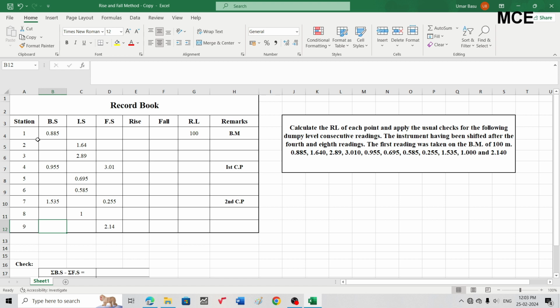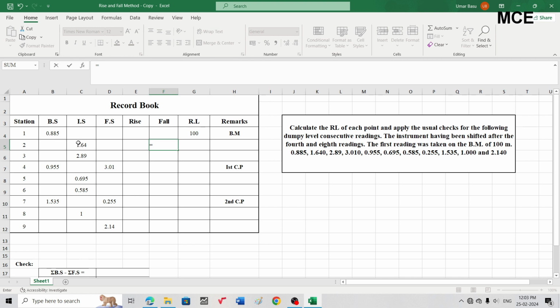So we can see the reading at station 2 is higher than the reading at station 1. So it means from station 1 to station 2, the ground level is falling. To write the fall for station 2, select the fall column of station 2, write equal sign, and then take the difference of these two readings, that is 1.64 and 0.885.